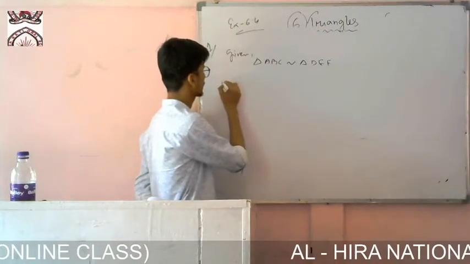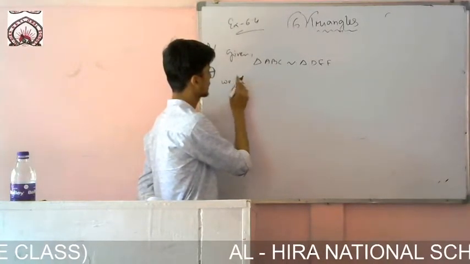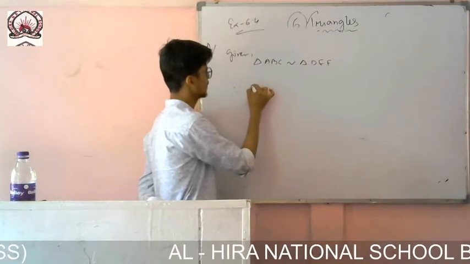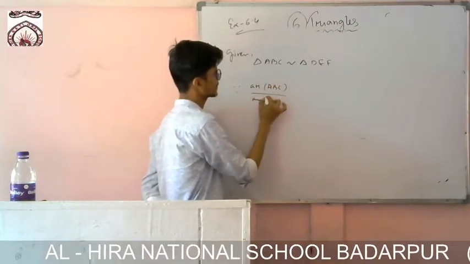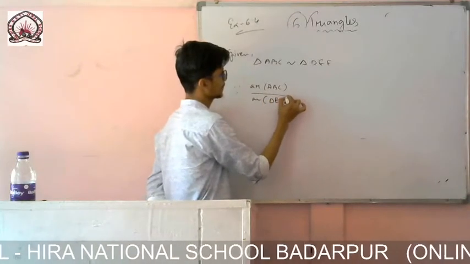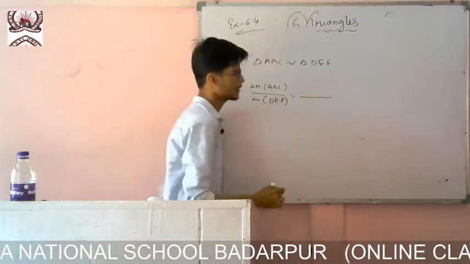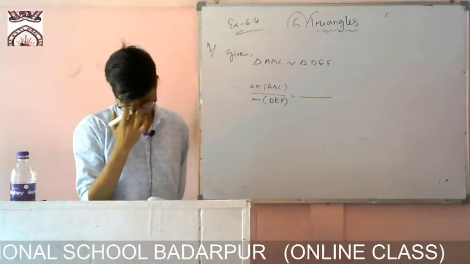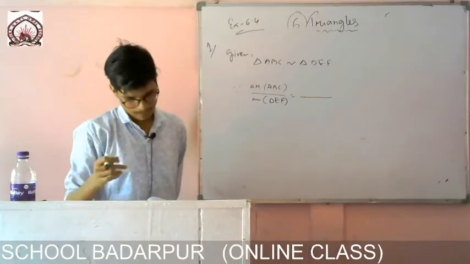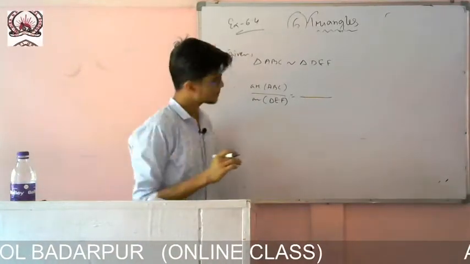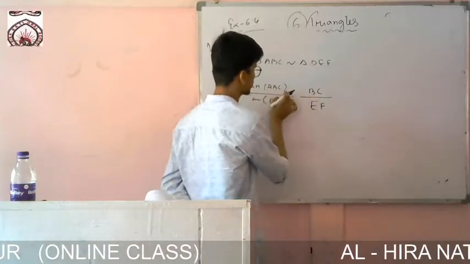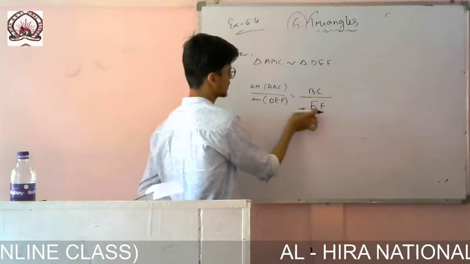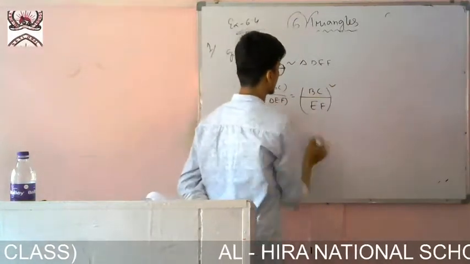You write like this: since area of triangle ABC by area of triangle DEF will be equal to the square of their corresponding sides. So what are the sides? It is BC by EF. You write BC by EF. So BC is there and EF is there, so it will be the square of these two sides.